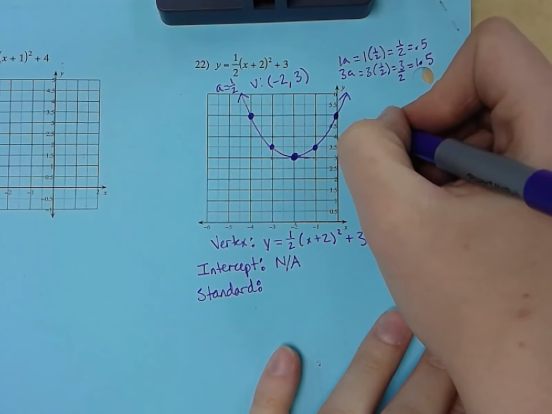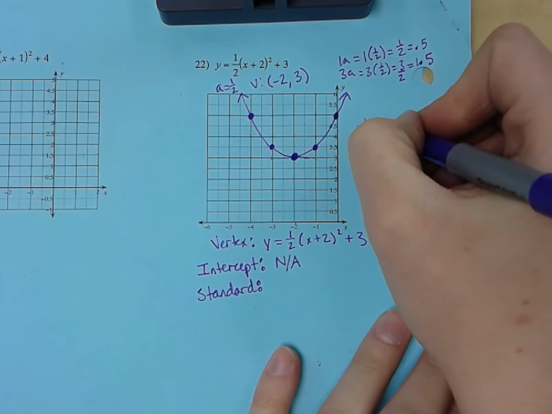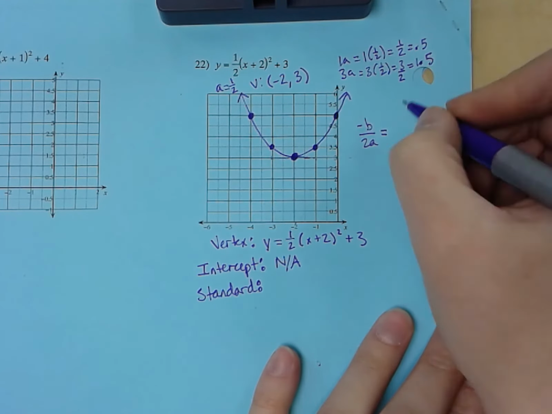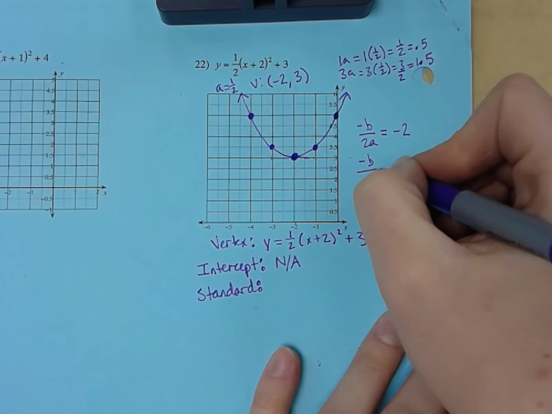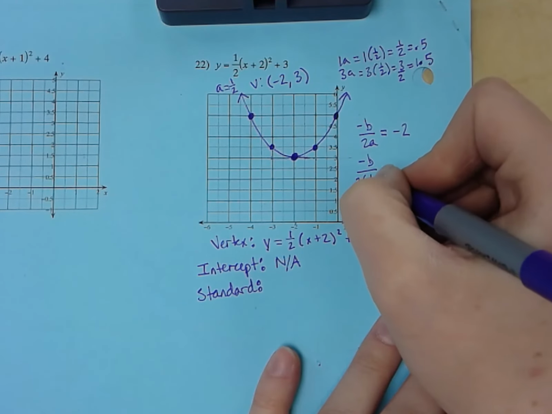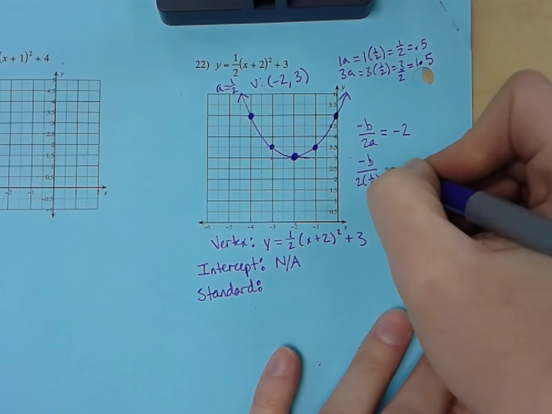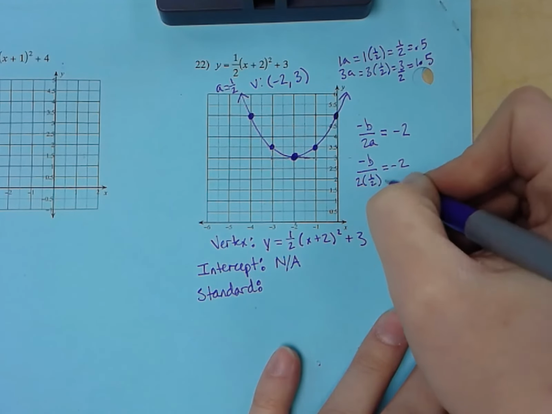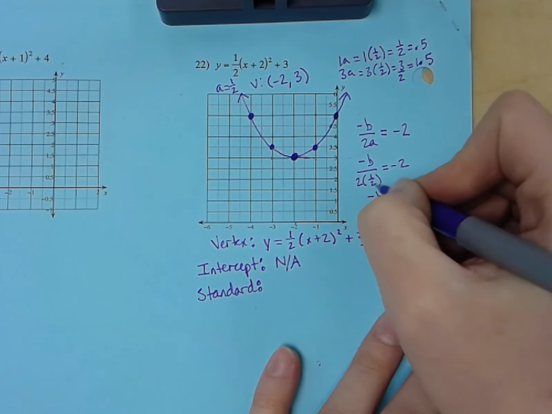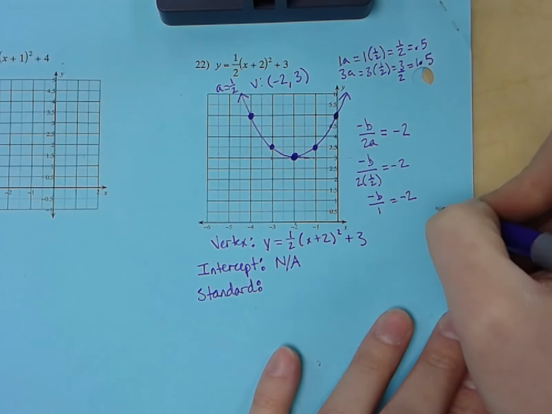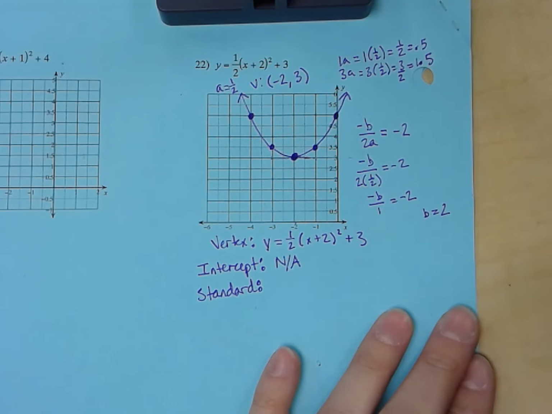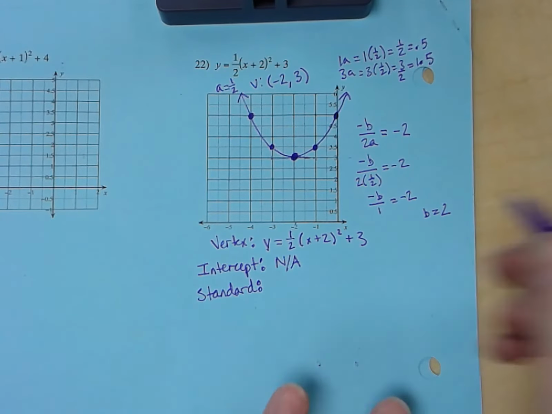Opposite b over 2a always equals the x-coordinate of my vertex, which in this case was -2. Well, I knew that my a value was 1/2. So negative b, 2 times 1/2 is just 1. So negative b is -2, which means b is +2.